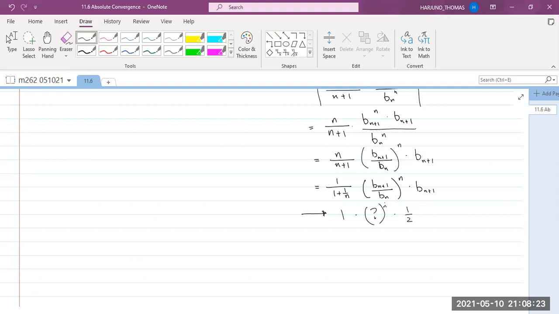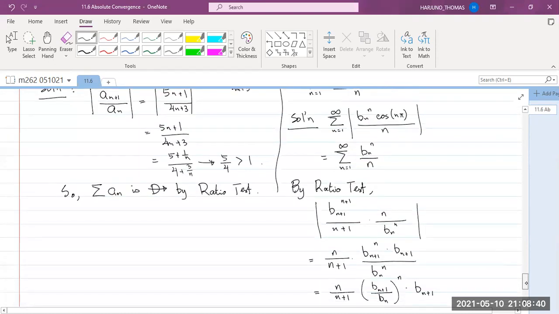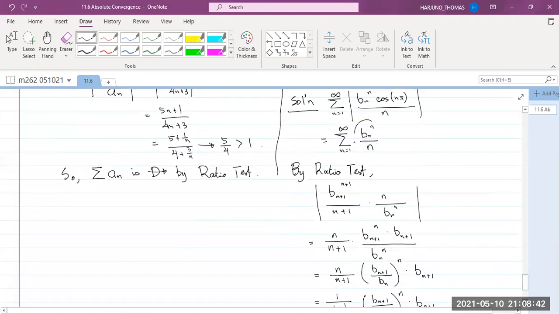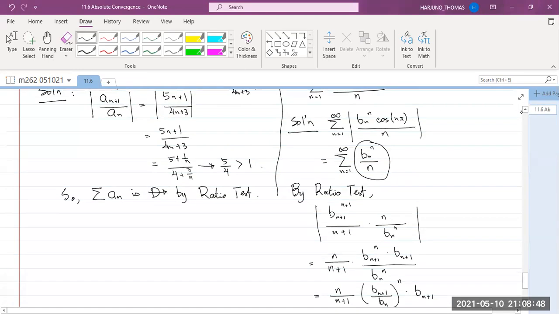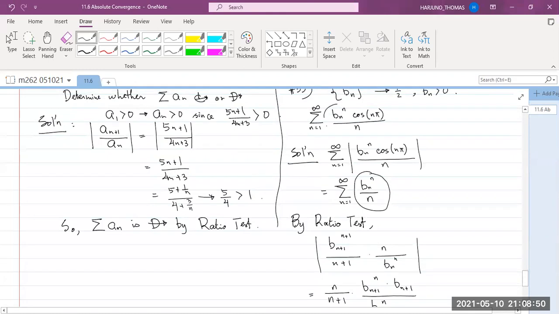I really want to say that's 1, but honestly, I can't really. Basically, later on, I want to claim that this actually becomes 1, which becomes 1/2, which is less than 1. Therefore, this series is convergent by ratio test. Therefore, this series here is absolutely convergent.